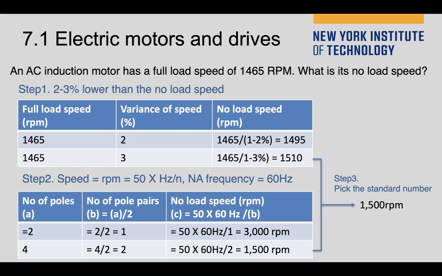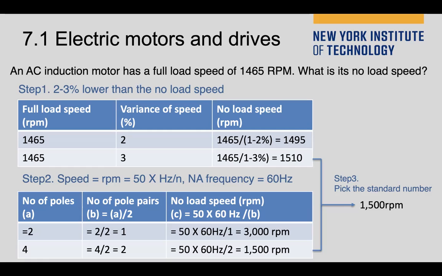Okay, don't mix this concept. If the number of poles of the motor is 4, the number of pole pairs is 2, which is divided by 2. So this point you need to pay attention to. n does not stand for the number of poles. It stands for the number of pole pairs, which you need to divide by 2.